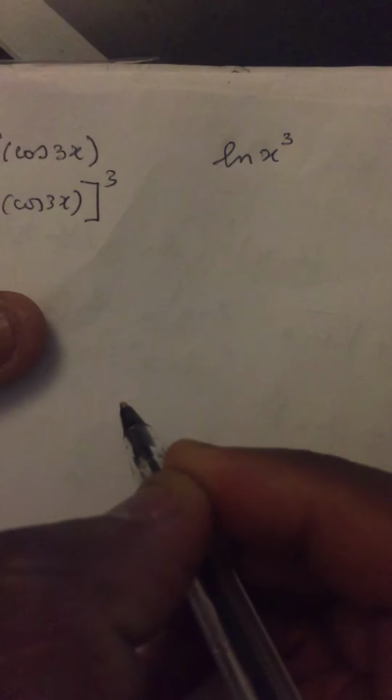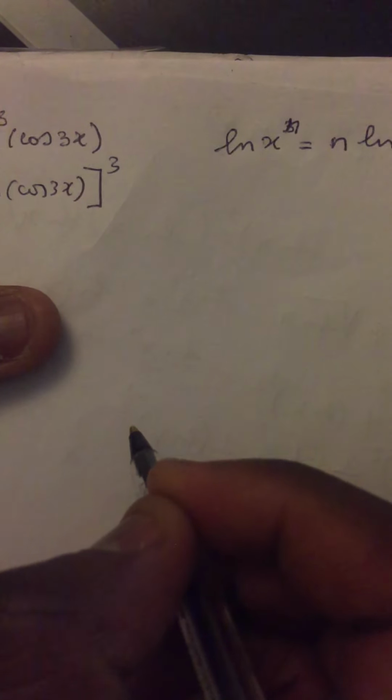It's different from this. If I had something like n ln of x, it can be written that way, but I am falling under the category of ln of x to the power n.